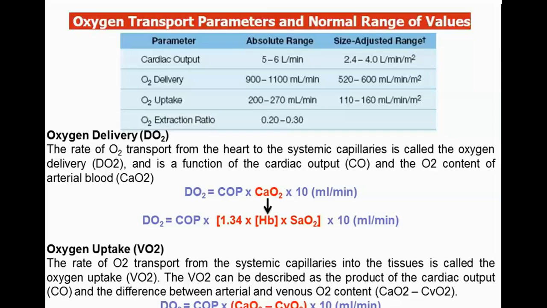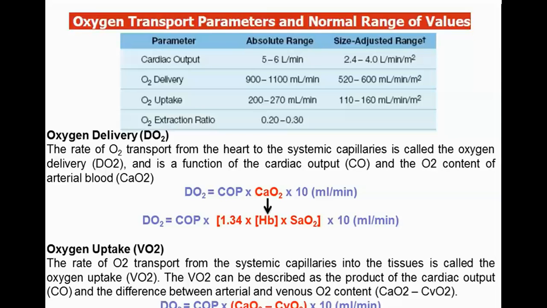But the oxygen delivery is related to the cardiac output per minute. Cardiac output is the amount of blood per minute. So it will be cardiac output multiplied by the oxygen content of the arteries that goes to the tissues. Why do we multiply by 10?